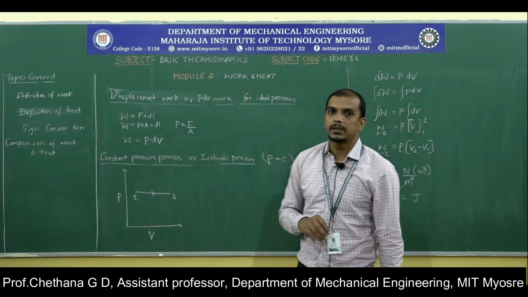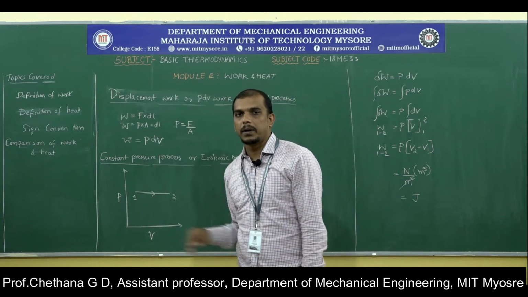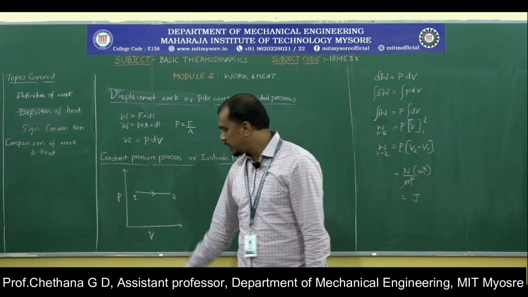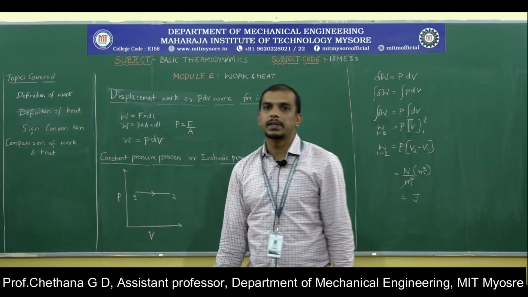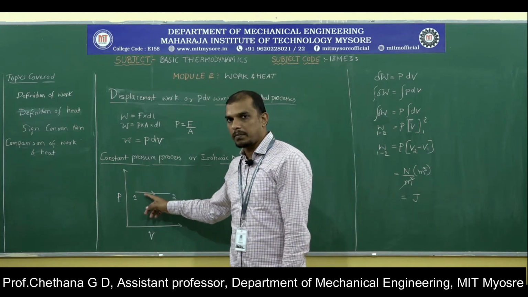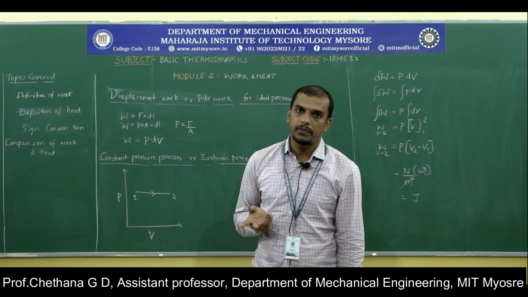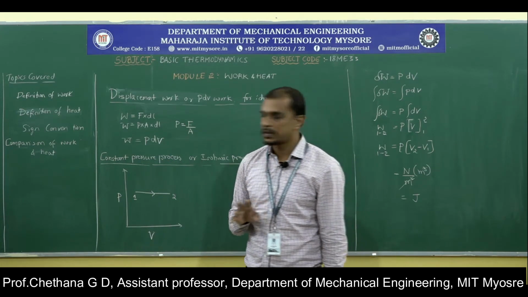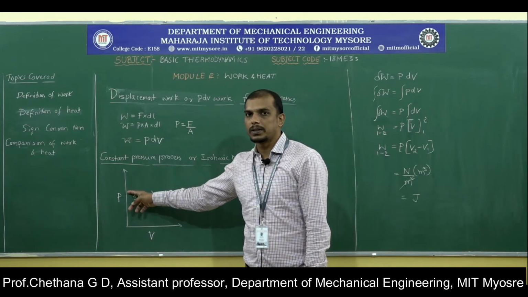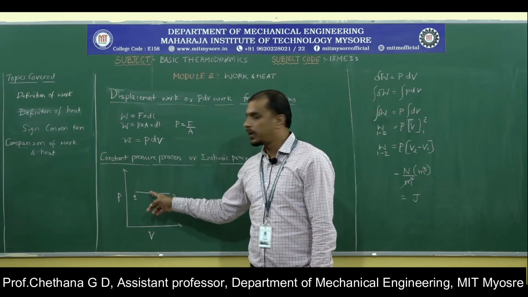where pressure is constant. Now try to draw a PV diagram where the y axis indicates pressure and the x axis indicates volume. So constant pressure means there has to be a change of state for it to be called a process. Now there is a change of state but pressure is remaining constant. We have taken from point 1 to point 2 in this direction.